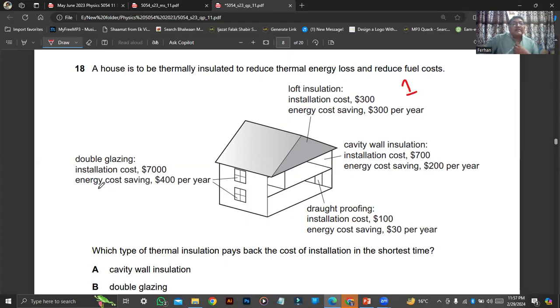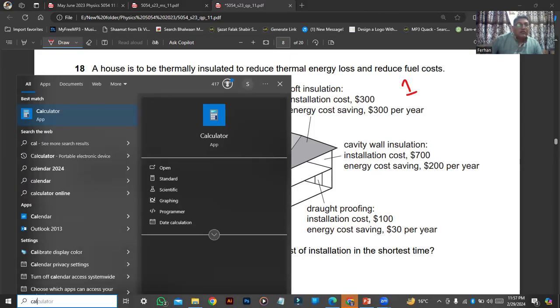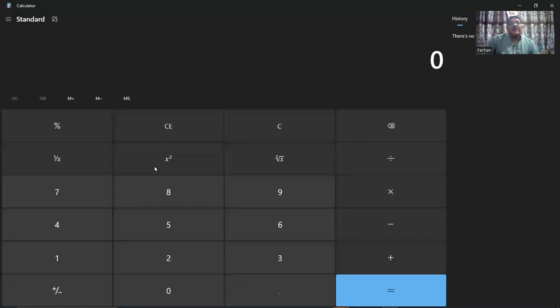Here he says double glazing installation costs $7,000 and energy cost saving is $400 per year. So you will divide 7,000 by 400, and let me take out the calculator. So I will divide 7,000 by 400.